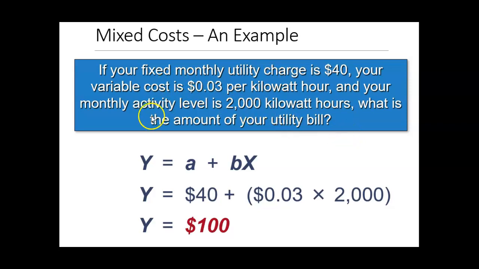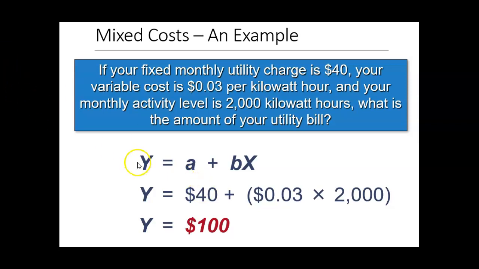What is the amount of your utility bill? So the fixed component is $40. That's your A. The B is your variable cost per unit, which is 3 cents per kilowatt hour. And X represents the activity level, which is 2,000 kilowatt hours. So if I take the 3 cents times 2,000 hours, that'll give me $60 plus the fixed cost of $40. It gives me a utility bill in the amount of $100.